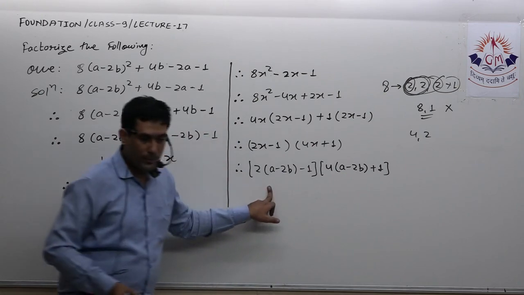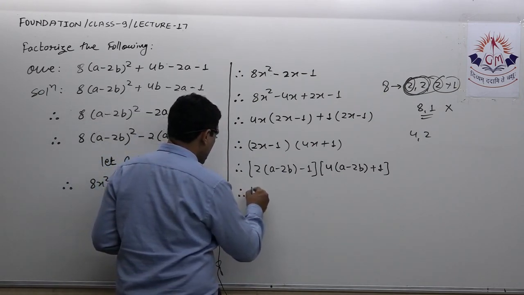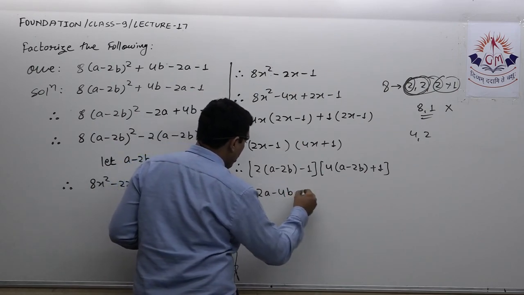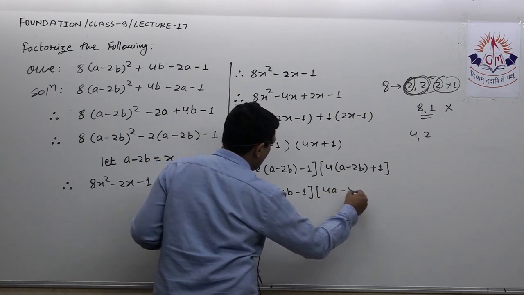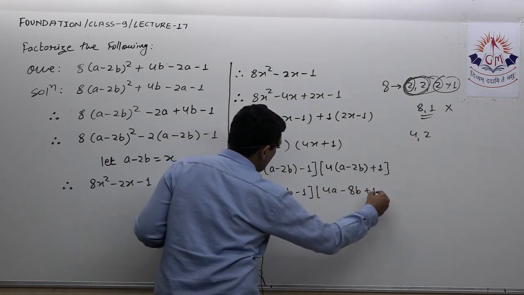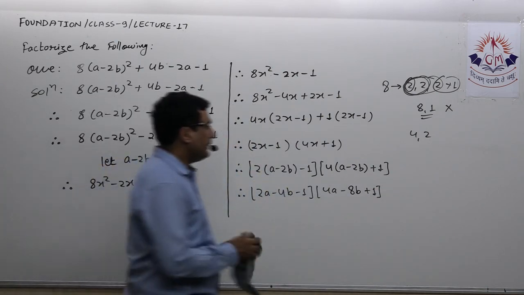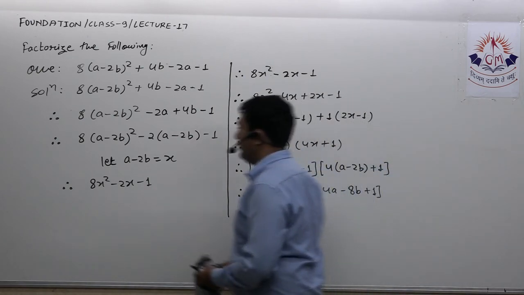Now I will open the bracket. So here I get 2a minus 4b minus 1, and over here 4a minus 8b plus 1. So these are the required factors of the given expression. So please note it down.